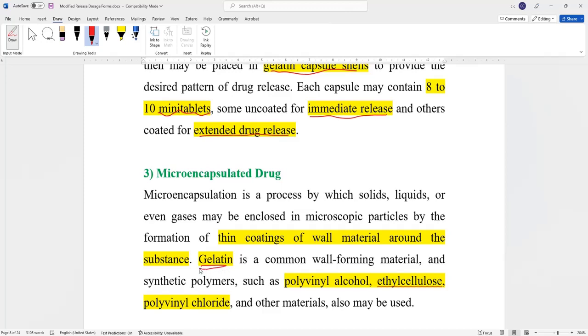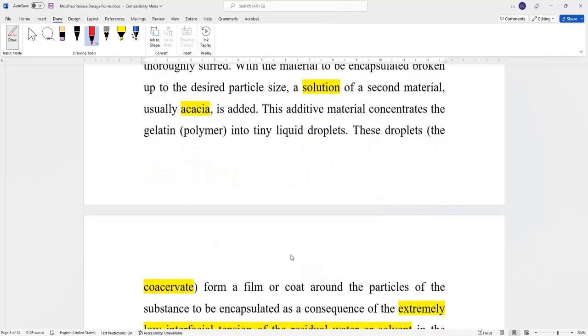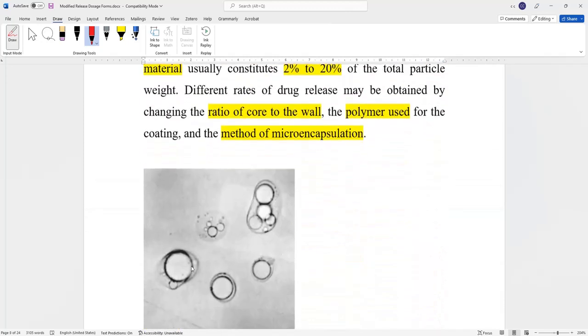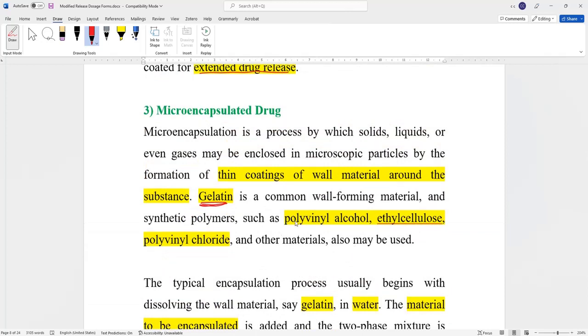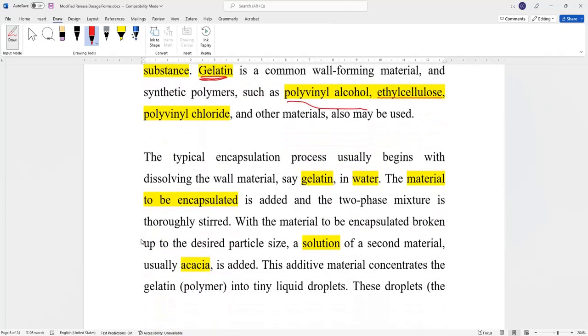This is a common one that will form the thin coat that you see here, around this droplet. You see here there are droplets, okay. This is the one that is forming the thin coat. But of course there are other materials that can be used to form the thin coat, like polyvinyl alcohol, ethyl cellulose, polyvinyl chloride. All these materials can be used.